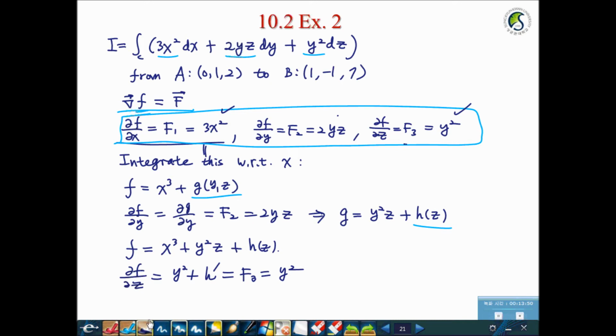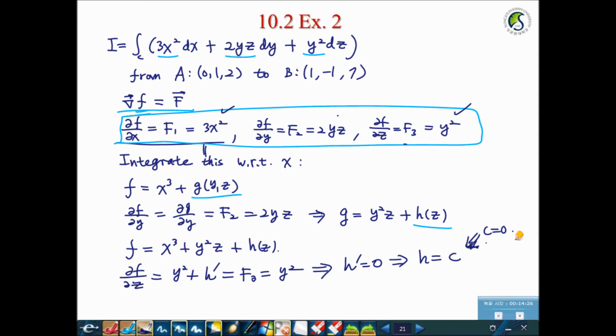Then from here, we know that h prime is 0, and integrating, h will be c. We can choose any value for c, but we choose c to be 0 for simpler calculation. You will know why later.